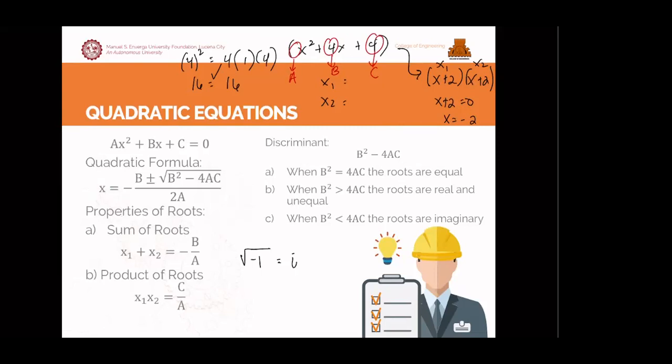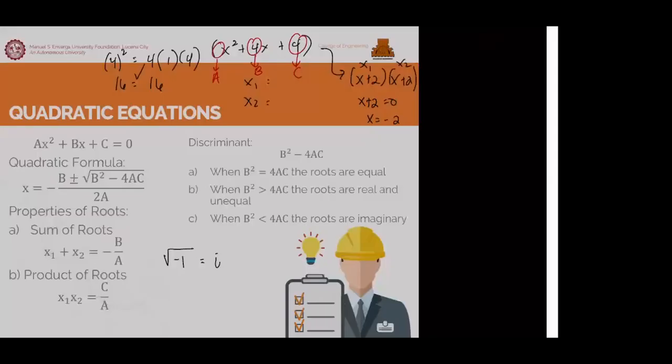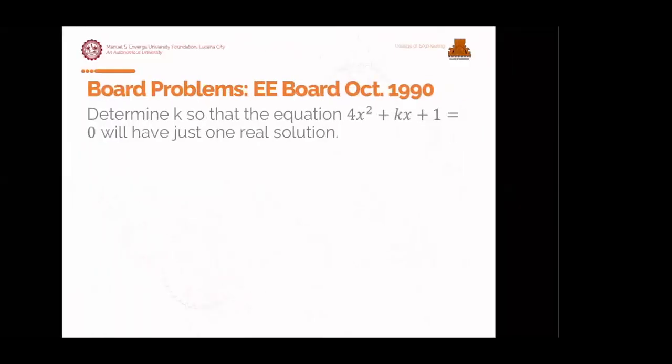Okay. So, let's apply sa example. Determine k so that the equation 4x squared plus kx plus 1 is equals to 0 will have just one real solution. Pinaka-keyword natin dyan, just one real solution.